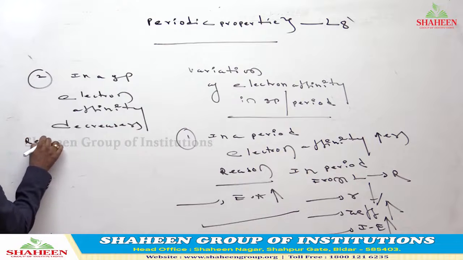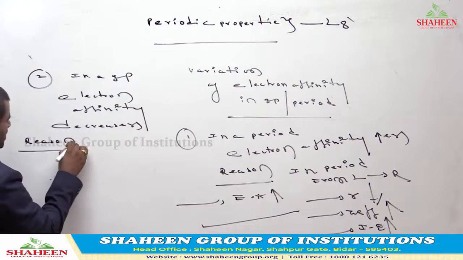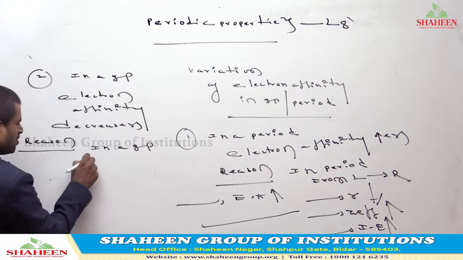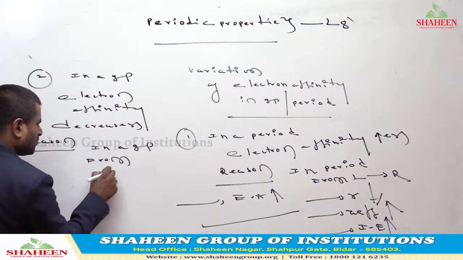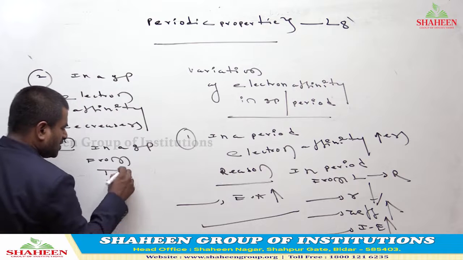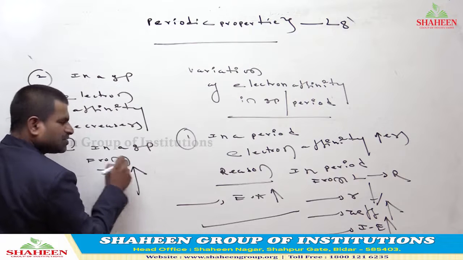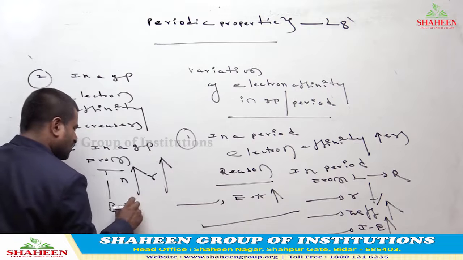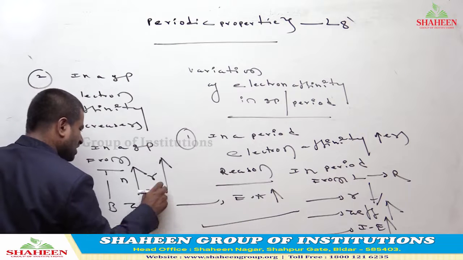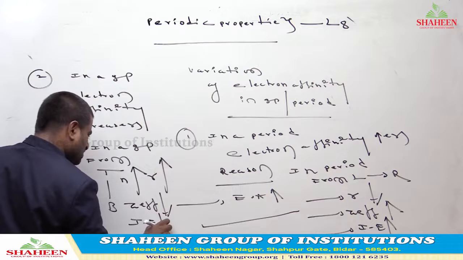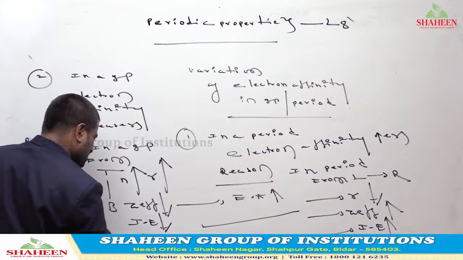The reason, in a group from top to bottom, n value increases, therefore radius increases, Z effective, meaning effective nuclear charge, decreases, so ionization energy decreases, therefore electron affinity also decreases.